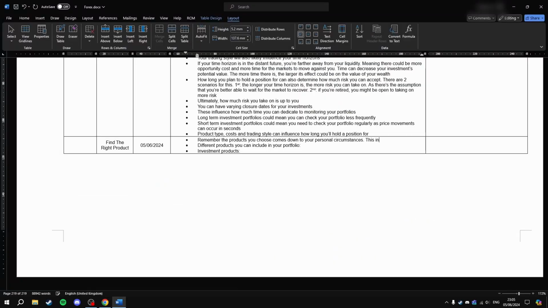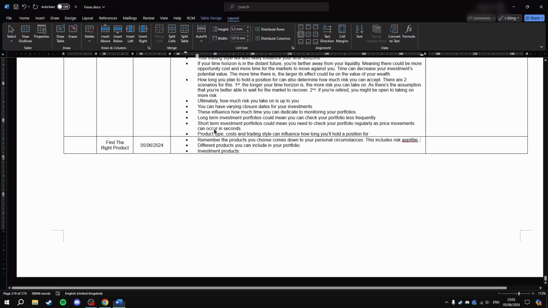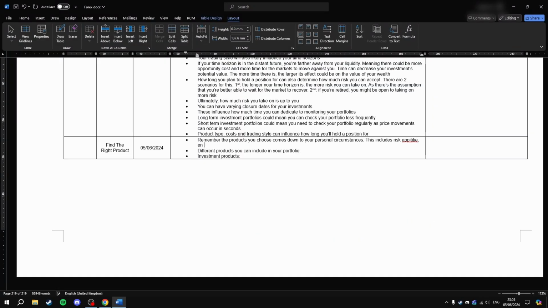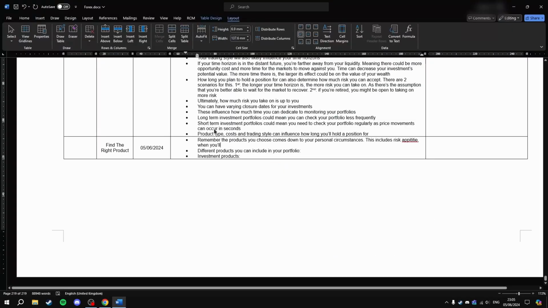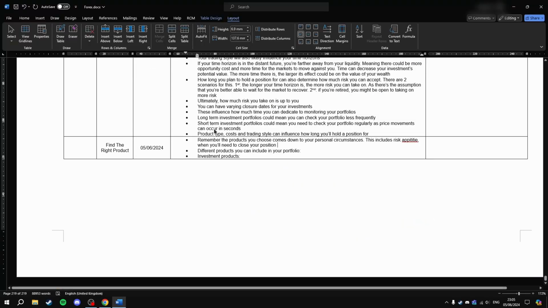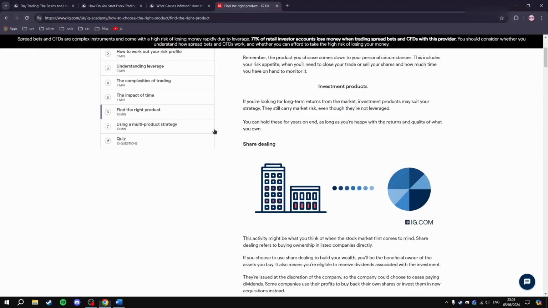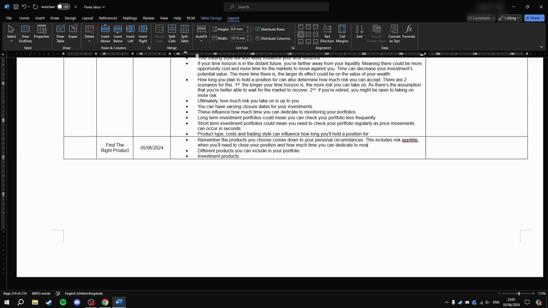So this includes risk appetite, where you need to close your trade or sell your shares, when you need to close your position, and how much time you can dedicate to monitor it.